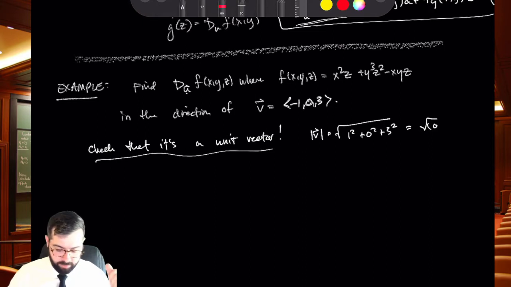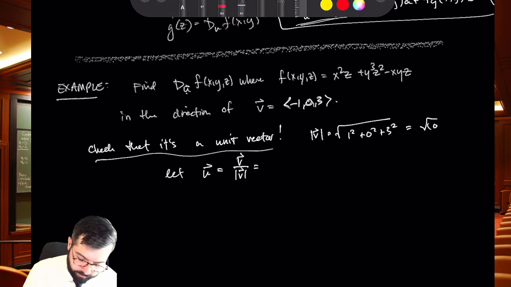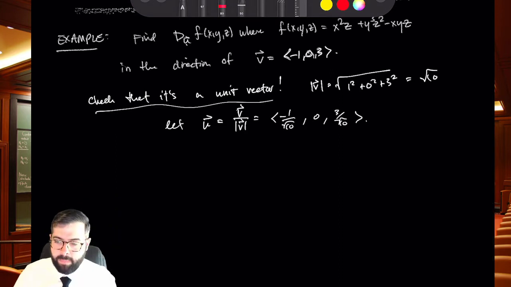That's the easy way to do it, right? So we'll let u be v over magnitude of v, which is then negative 1 over radical 10, 0, 3 over radical 10. Okay. So now we've got the direction preserved.